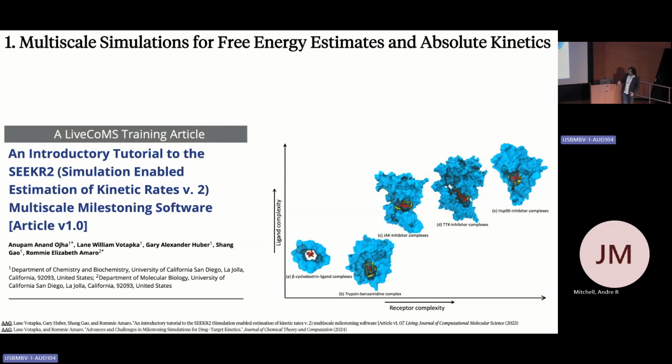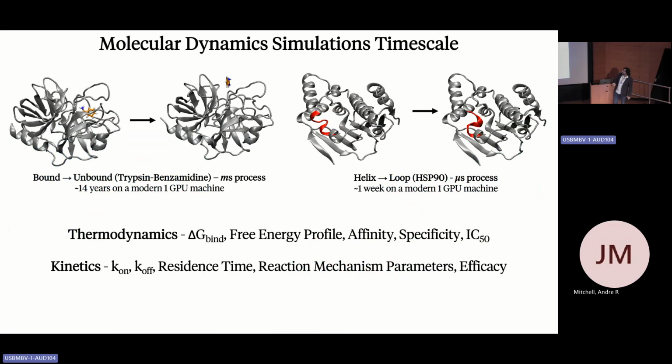So if we say multi-scale simulations, there's a very nice illustrative LiveCoMS training article for our work here, where we have expanded our work from the benchmark systems, from trypsin to HSP90 and the highly complex TDK inhibitor complexes. When we talk about the MD simulation timescale, let's take a very simple microsecond or millisecond process.